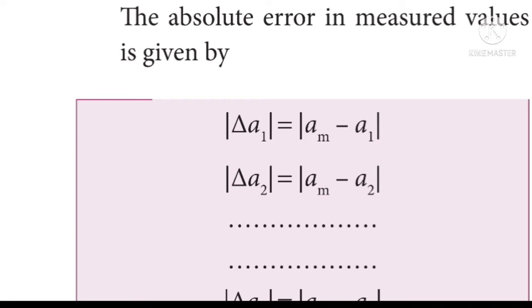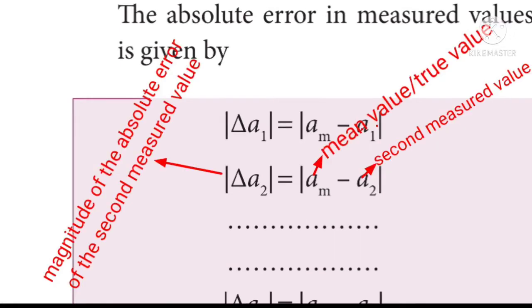Similarly, we can write the magnitude of the absolute error of the second measured value as mod del A2 is equal to mod Am minus A2. On the right hand side, it represents arithmetic mean value, which is nothing but the true value, minus second measured value, is known as what?